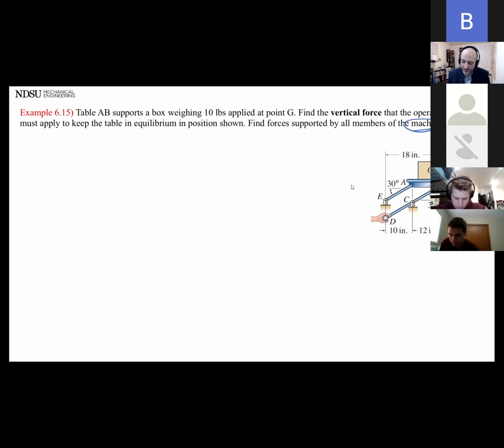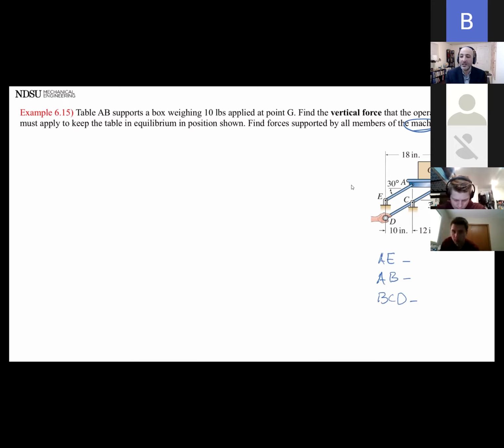Let's list the members here. I have AE. I have AGB or AB. And I have BCD. So let's look at them and you guys tell me if it's a 2-force member, 3-force member, multi-force member, you don't know.